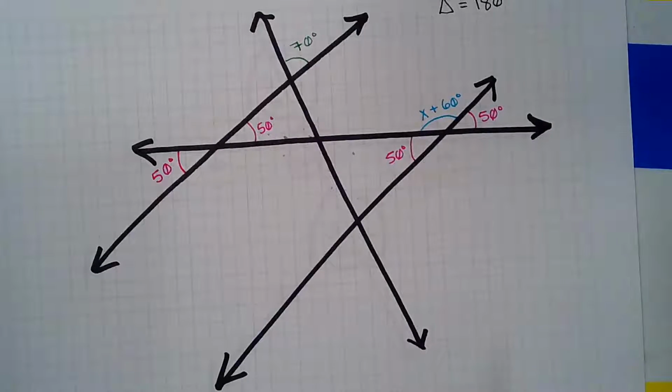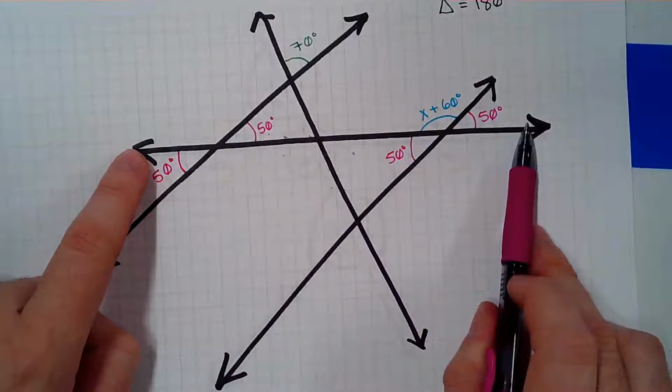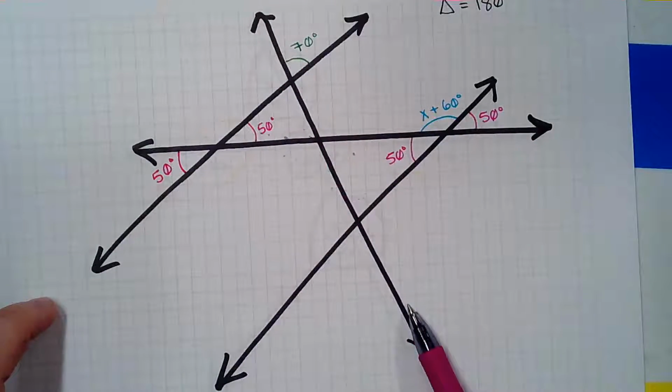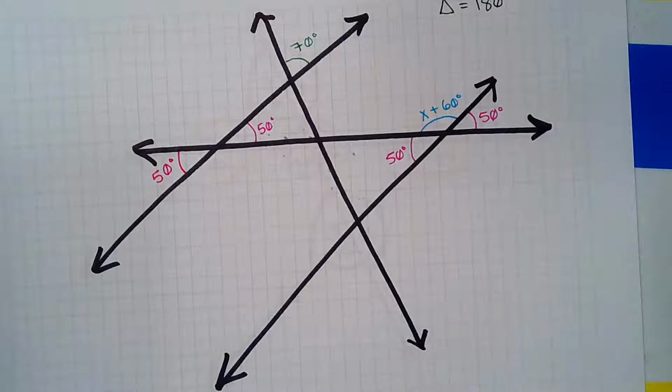Not x plus 60. Try if you can. This middle line right here, erase it. Can you visualize it? We've got this line and this line that are parallel, and here's the transversal. Right? No? Okay, we'll get back to it. It's all right. I don't know what happened to that sheet.